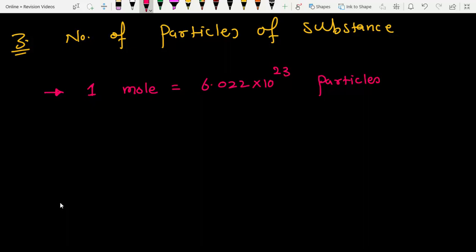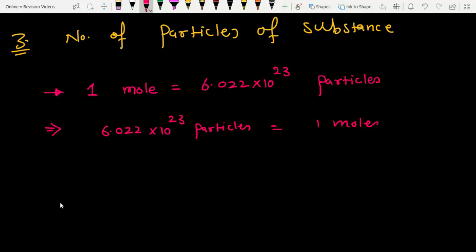So mole is basically a unit for measuring the number of substances, just like dozen, just like pairs and all. So 1 mole means 6.022 into 10 to the power 23 particles. So we can also write that 6.022 into 10 to the power 23 particles is equal to 1 mole.